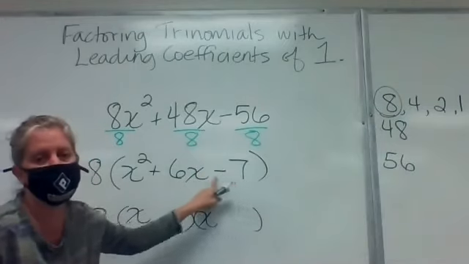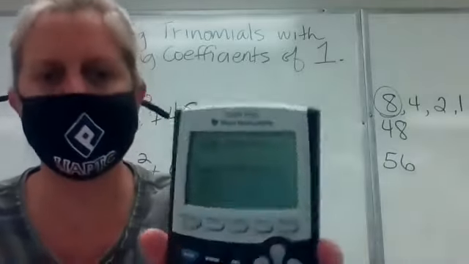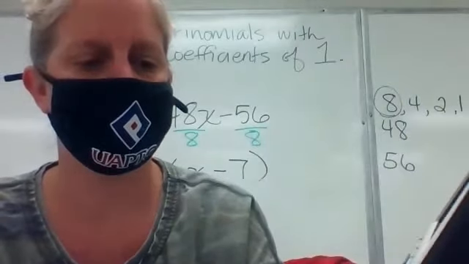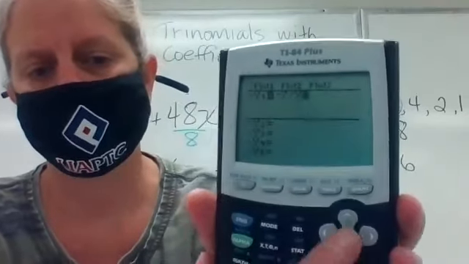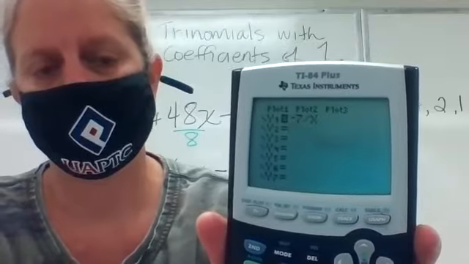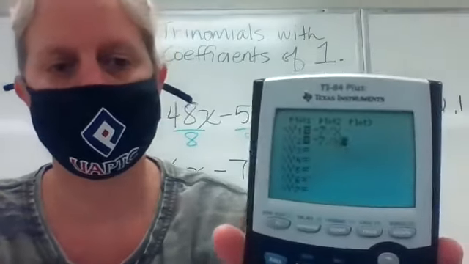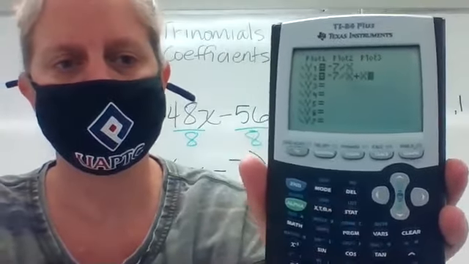So I'm putting in a -7. So you're at y equals, put in your -7 and then divide it by x and go down. Do it again, -7 divided by x. This time you're going to throw in a plus x at the end.